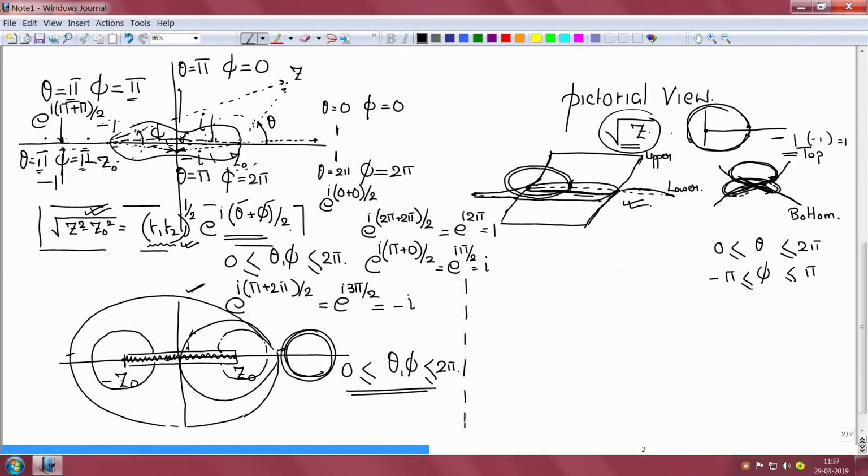So now I have again the complex plane. Here is my z0, here is my minus z0, and my z is over here somewhere.